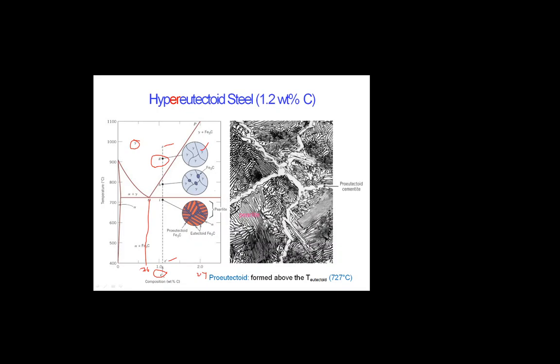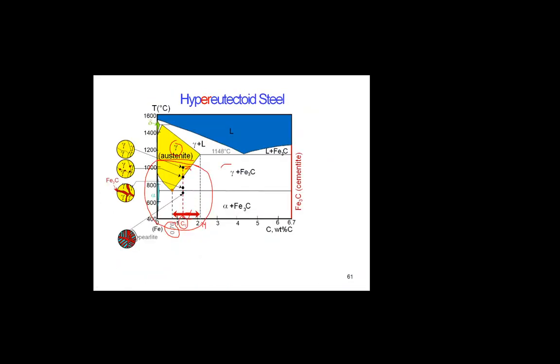Upon cooling from one phase to another, we move into the gamma plus Fe3C region, because we are moving toward the cementite portion.